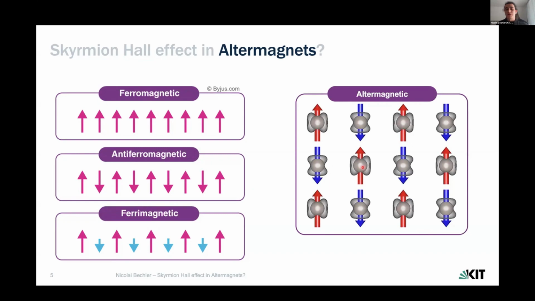This means it has a 90-degree rotation. But what is so nice about these altermagnets is that they are proposed to have the zero net magnetic moment of an antiferromagnet, but due to the time reversal symmetry breaking, they have nice dynamics similar to ferromagnets. So they are proposed to be very nice to have in spintronics applications.